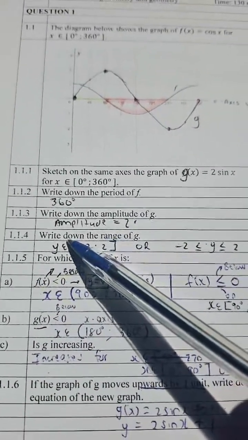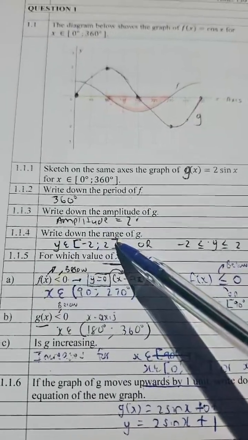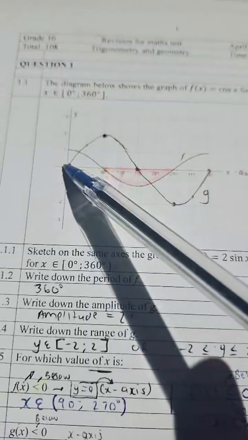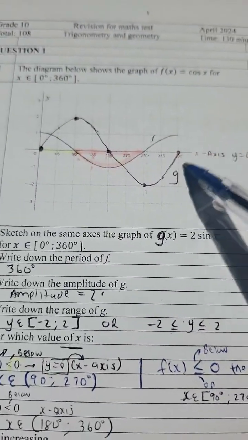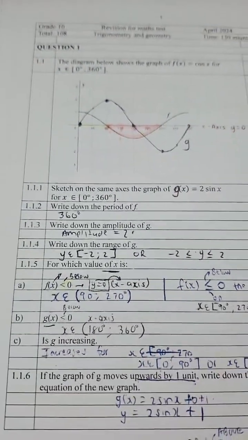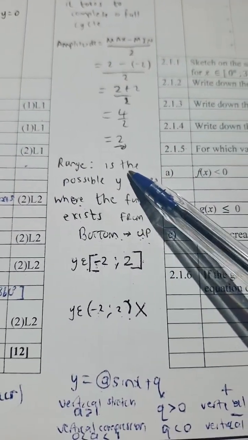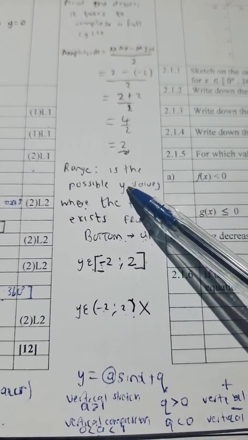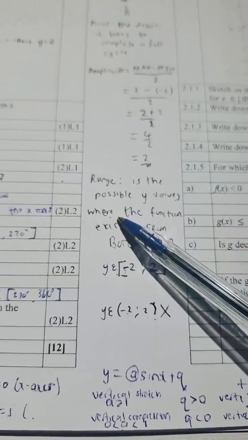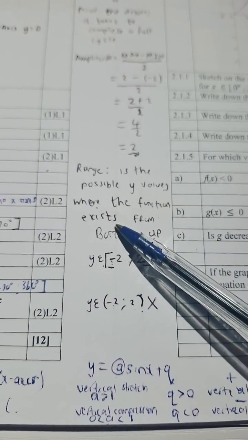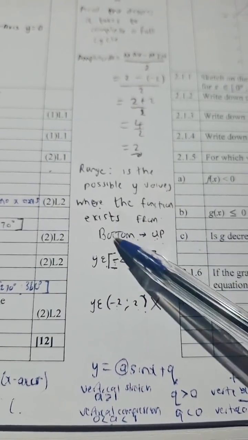Then we were able to find the range of the function g. We said range by definition is the possible y values where the function exists, from bottom to the top.